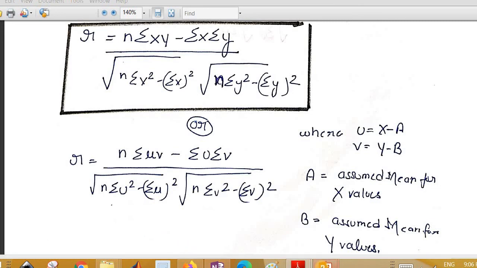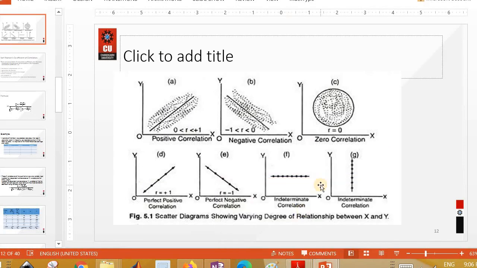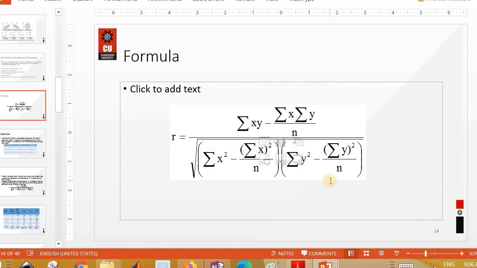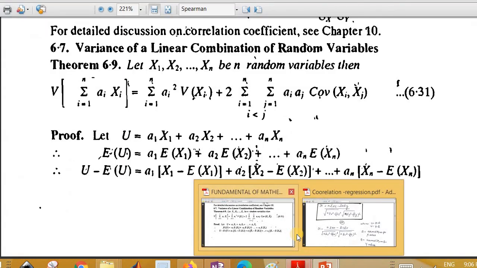And in the slides which are already uploaded on your course structure, the formula of R is summation xy minus summation x summation y upon n. This is also the same form of the formula, that is covariance of xy upon sigma x sigma y. Right, now see with the help of an example how we calculate it.